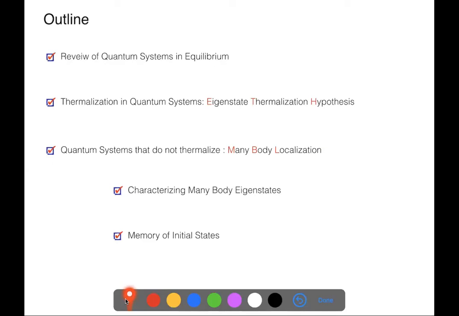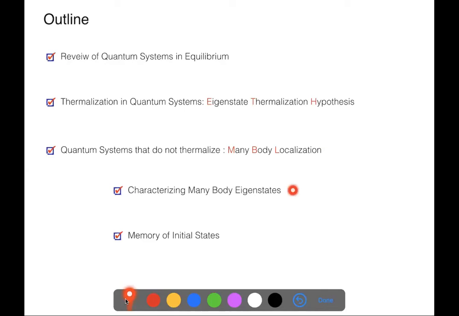So that would be one part of the talk, and if I get time, what I will tell you is a little bit about how this lack of thermalization can be captured experimentally in terms of how systems retain memory of some initial states. So we will see how that does.